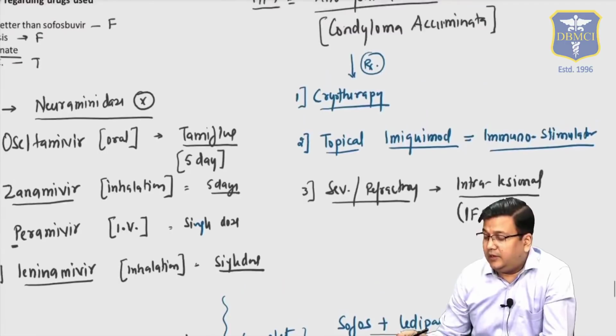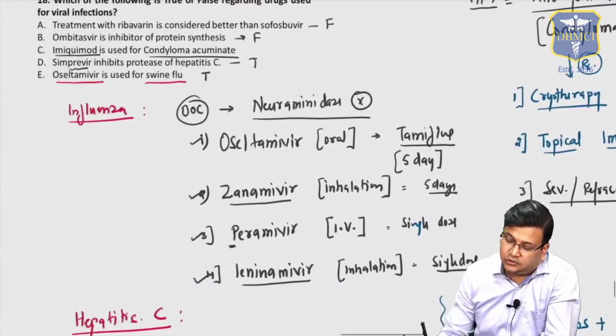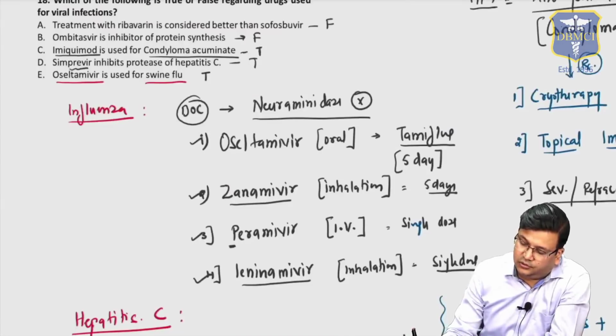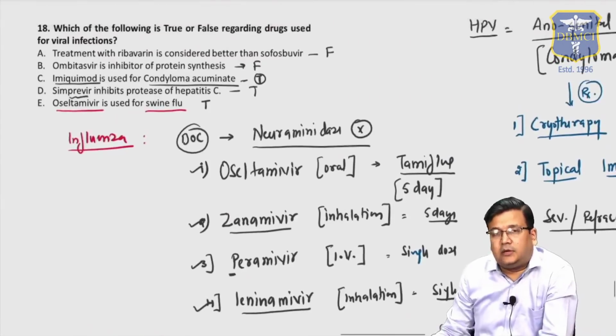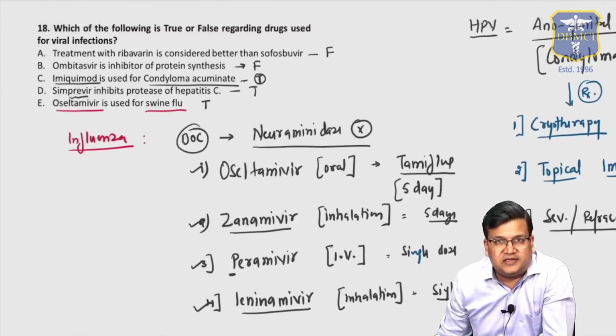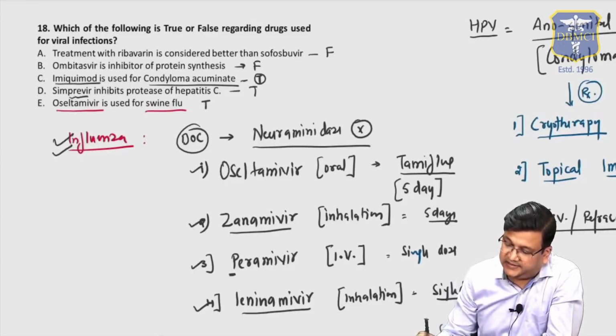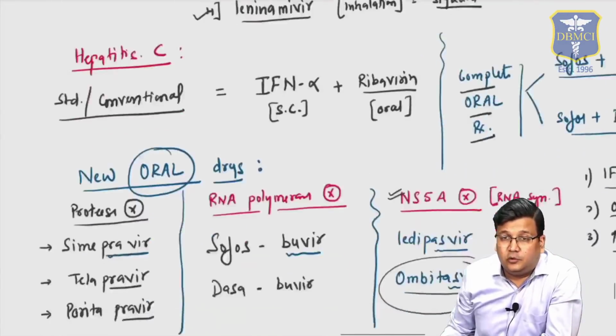So condyloma acuminata is treated by imiquimod, topical imiquimod. So this option C is also true. So this is about question number 18. There are 5 statements all related to viral diseases, so we have to approach them one by one. So in one question we have covered influenza, hepatitis C and human papilloma virus.